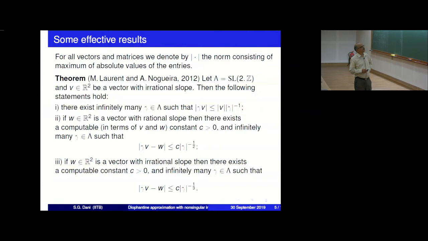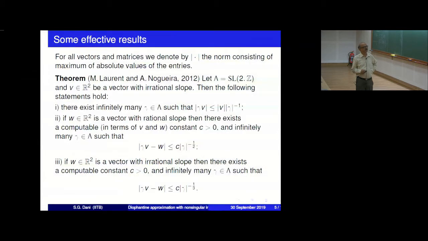Okay, so here notice that this really stands for gamma V minus 0. So this talks about approximating. Gamma orbit is dense. So there is a sequence gamma_i going to 0, and those gamma_i's you can find with the condition that the norm of gamma V is bounded by this thing.